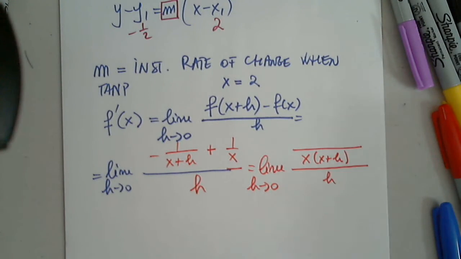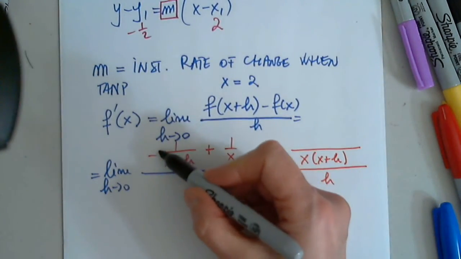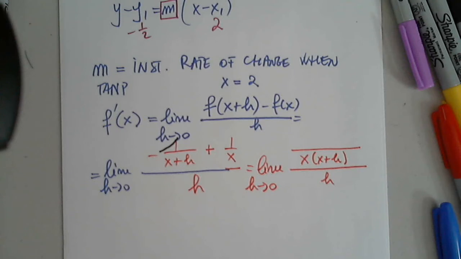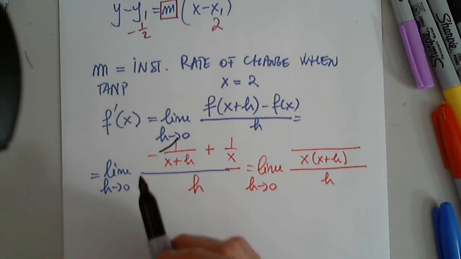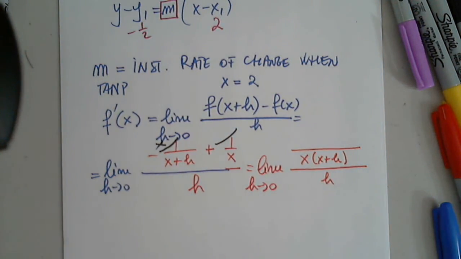Do we all understand why the least common denominator is x times x plus h? Everyone? Okay. Sorry, I ran out of room. So what do I multiply the top of this fraction by? X. Thank you. What do I multiply the top of this fraction by? X plus h. That's why repetition is so important.